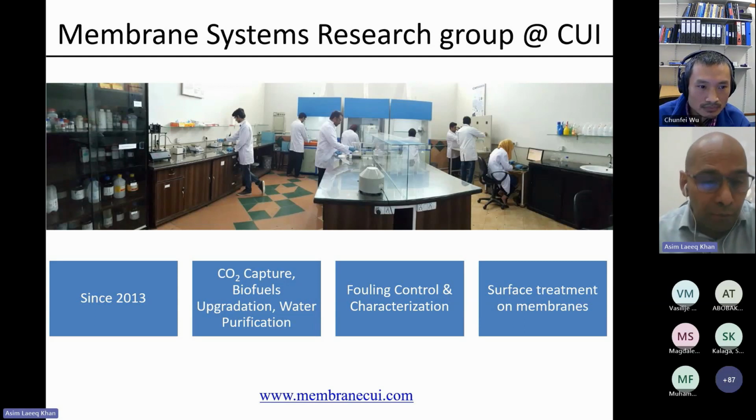Now we are working on biofuels upgradation. A lot of effort is being made on water and wastewater treatment. We are working on fouling control and surface treatment of membranes. All the activities revolve around membrane fabrication, membrane characterization, and application of membranes. Here you can see membranecoi.com, the website of our research group. If you want to reach out or know more about our activities, you can always write to us.